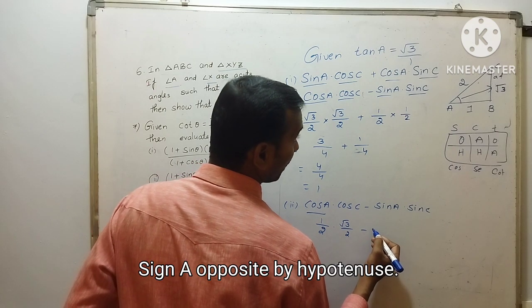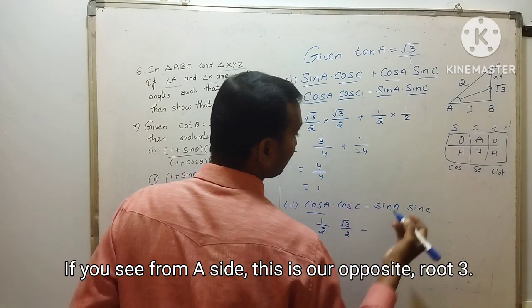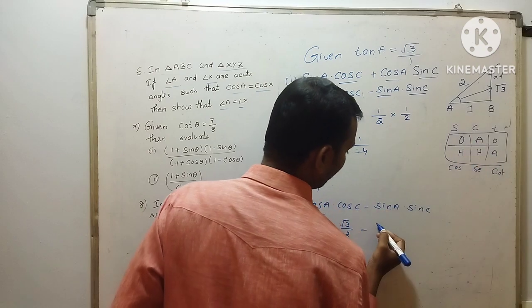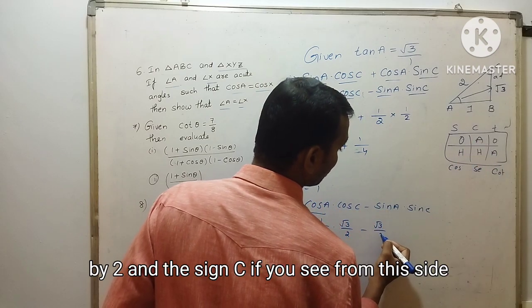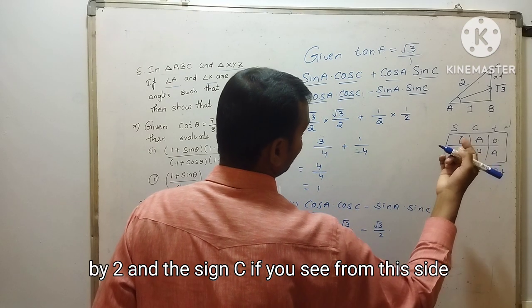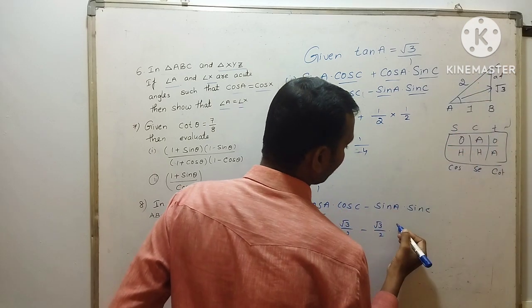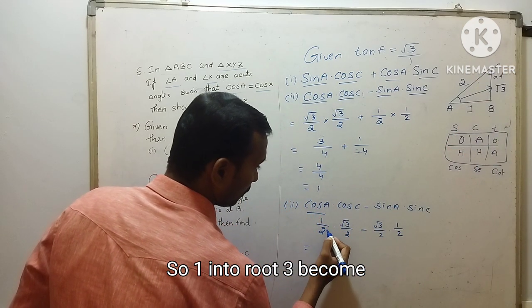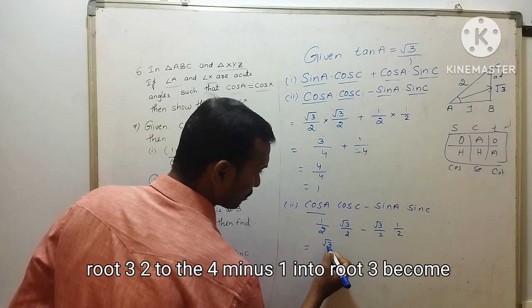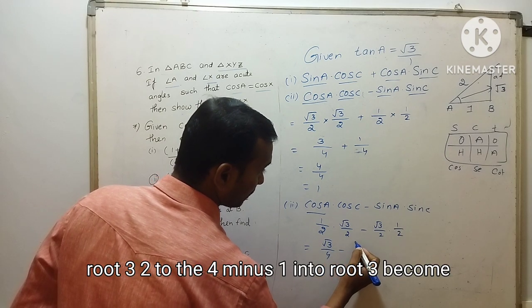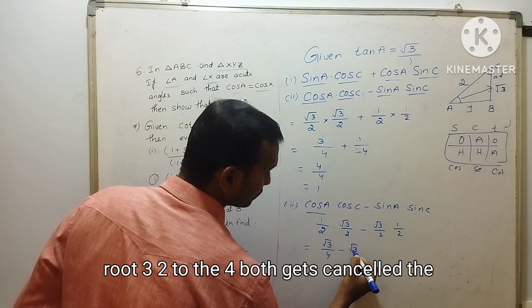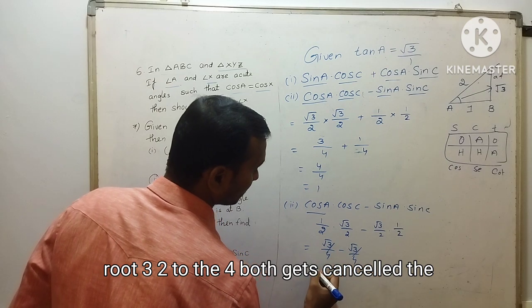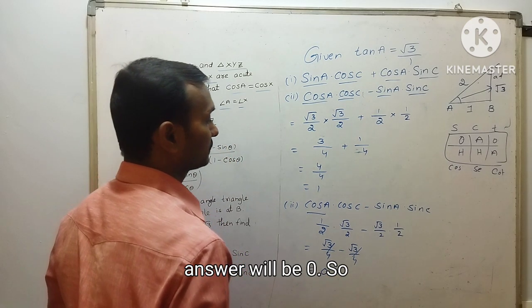Sin A, opposite by hypotenuse: from the A side, this is our opposite, root 3 by 2. And sin C, from this side, 1 is our opposite. So 1 into root 3 becomes root 3, 2 2s are 4, minus 1 into root 3 becomes root 3, 2 2s are 4. Both get cancelled. The answer will be 0.